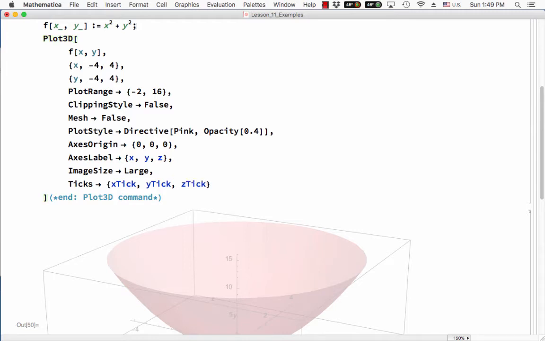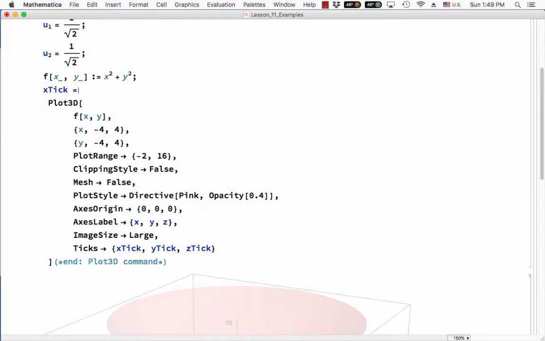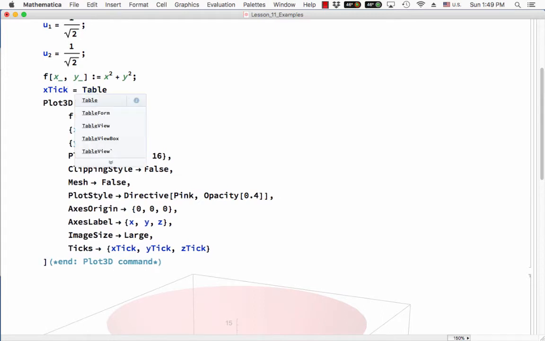And then up here I'll define each of these to be a table. So X tick, I'm going to define by a table. This table is going to run over the i values, where i ranges from -4 to 4 and goes up by 1, because that's the domain of my graph.